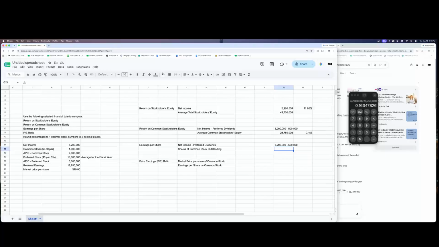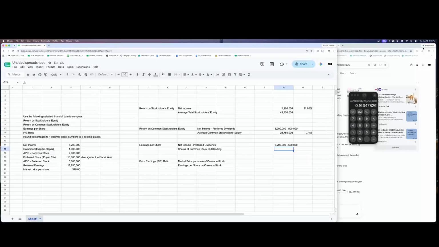you could use this little formula. Okay. So how much common stock is there? As in, we have to find out how much common stock there is. This common stock is 50 cents par, and there's $1 million worth of capital for this common stock that was purchased at 50 cents par.